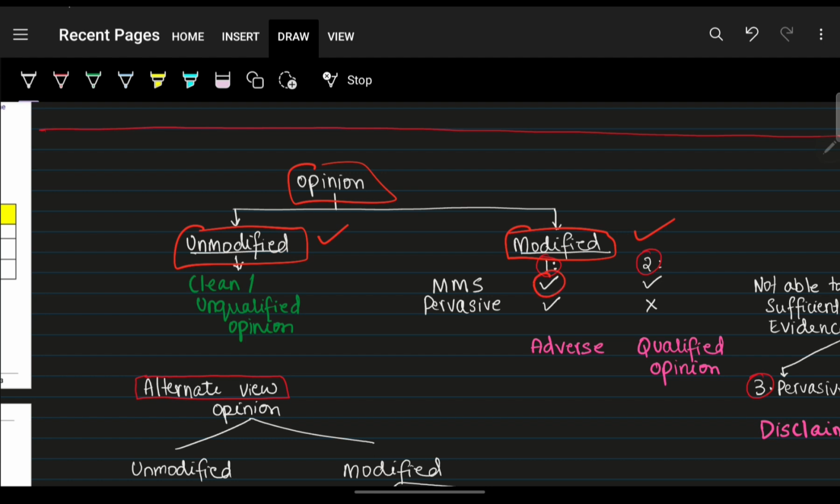If there is a material misstatement and it is pervasive, we'll get to the meaning of pervasive next, we will give an adverse opinion. If there is a material misstatement but it is not pervasive, we will give a qualified opinion.